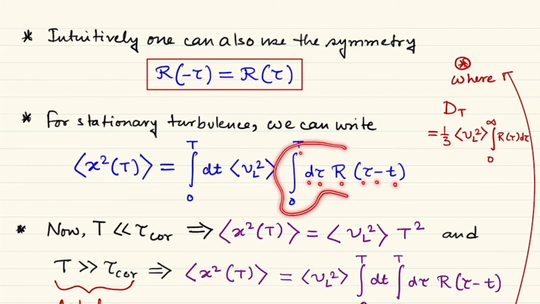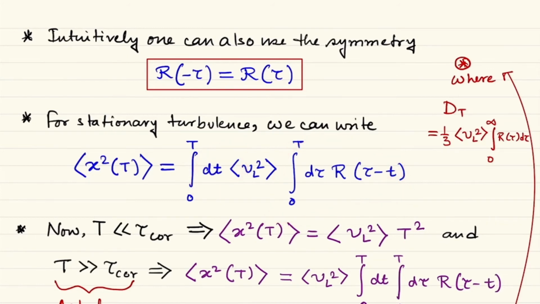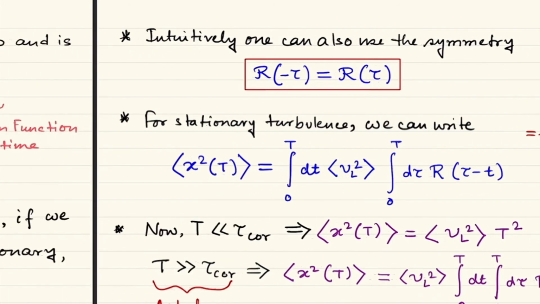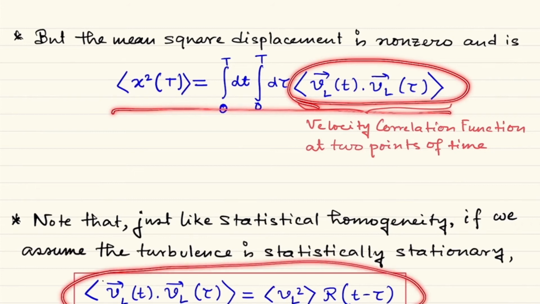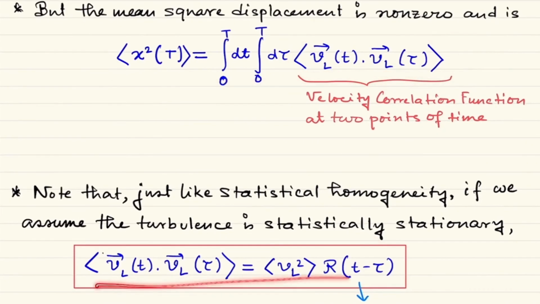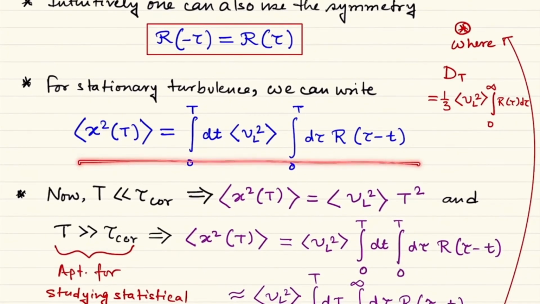When this is integrated over tau, it will simply be a function of small t only, and then this will be integrated over dt. We obtained this by using this relation and this expression of the 2-point correlation functions for stationary turbulence.